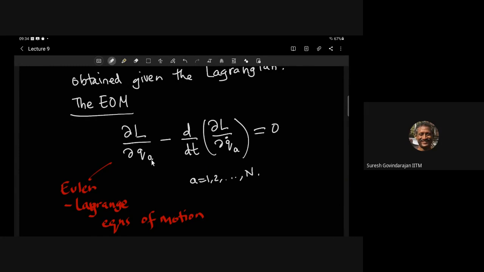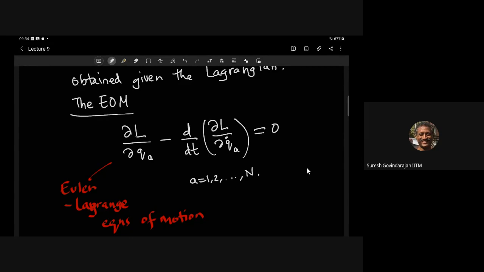When we take the derivative with respect to q_a, it remains only a function of q and q dot. But here, this fellow inside the brackets is a function of q and q dot, and now we have a derivative coming here, so you can get q double dot. Only one occurrence of q double dot can come. So these are in general second order equations of motion, so we have to integrate twice. In that sense, it is like Newton's equations.